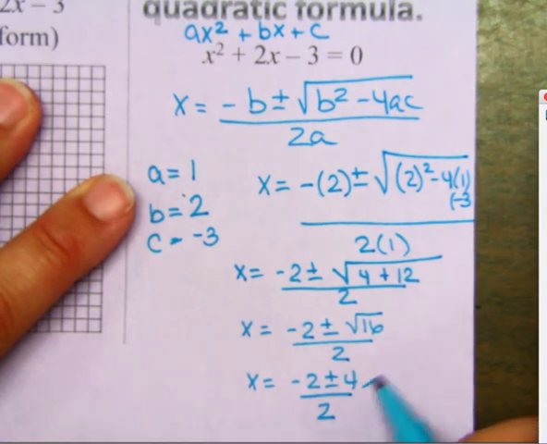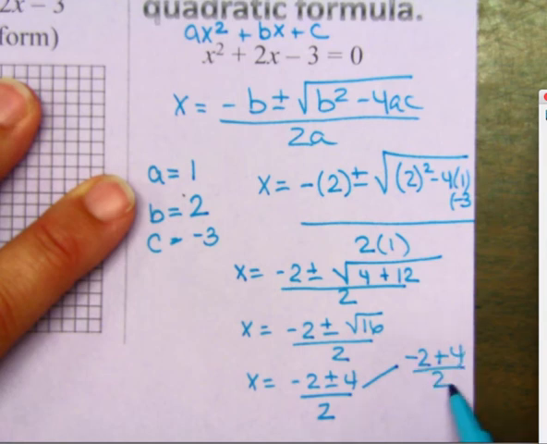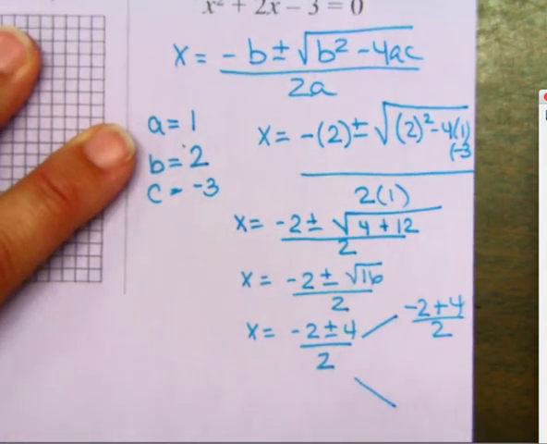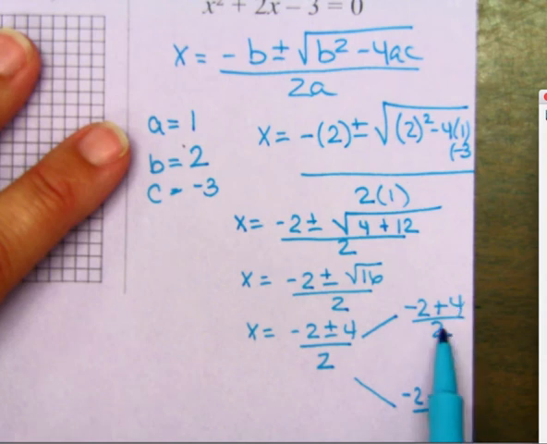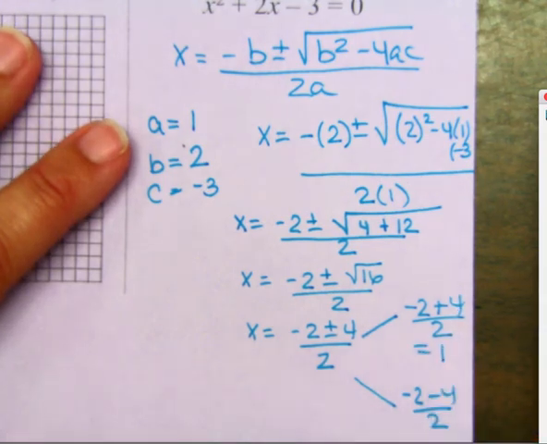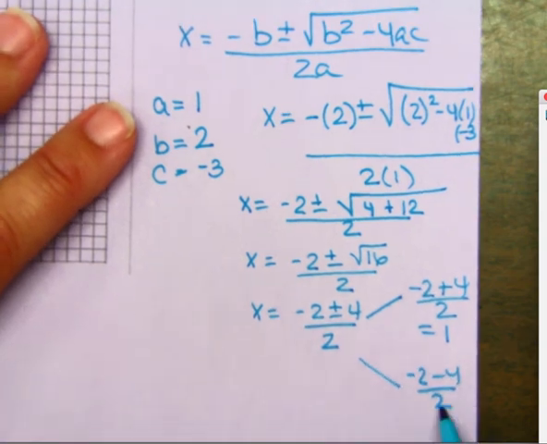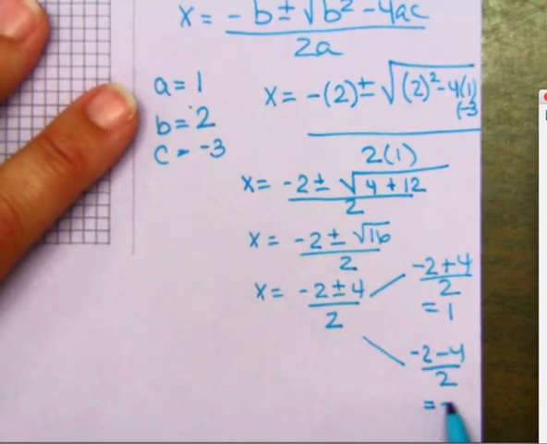And now at this point, I have my positive answer, which is negative 2 plus 4 over 2, and I have my negative answer, which is negative 2 minus 4 all over 2. So negative 2 plus 4 is 2, divided by 2, that's where our 1 comes from. And then down here I have negative 2 minus 4, which is negative 6, divided by 2, which gives us a negative 3.